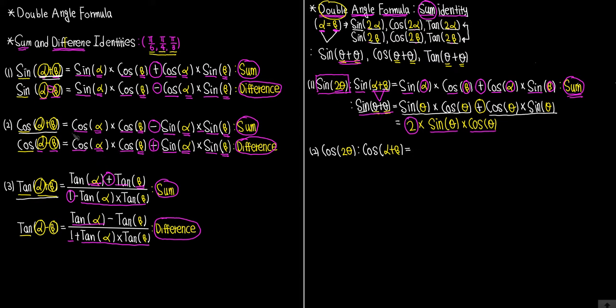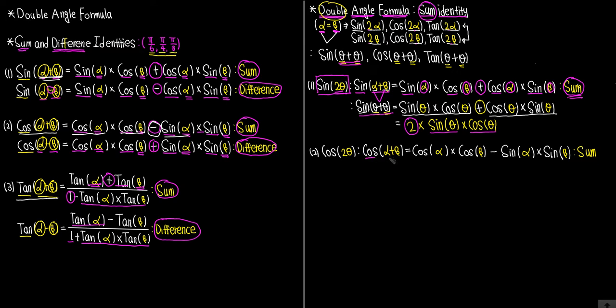Just like I explained here, it will be cosine alpha times the cosine beta minus sine of alpha times the sine of beta. So it is the cosine of the first angle alpha times the cosine of the second angle beta, minus the sine of the first angle alpha times the sine of the second angle beta. And this is the sum identity for the cosine.